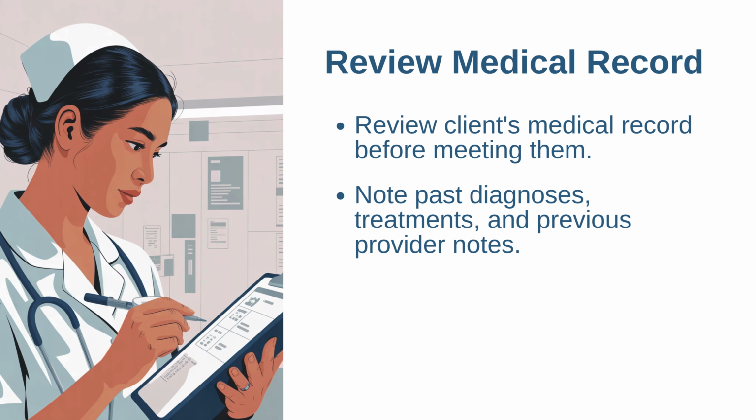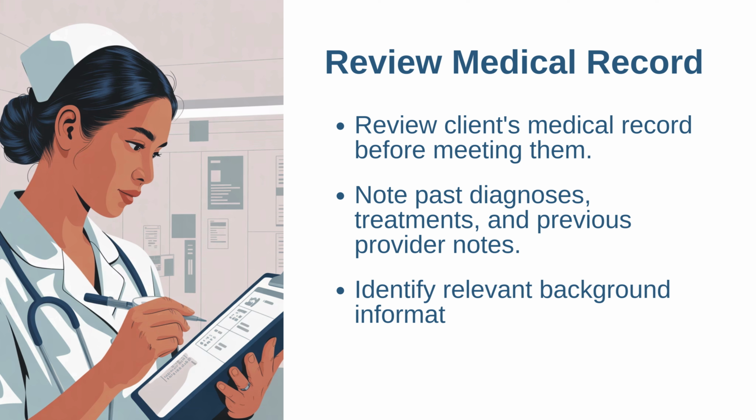For example, a history of asthma may relate to current breathing complaints. You also identify relevant background information that may guide the interview. Key details such as allergies or previous hospitalizations help you focus on relevant areas during questioning.